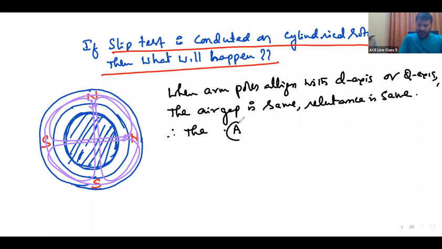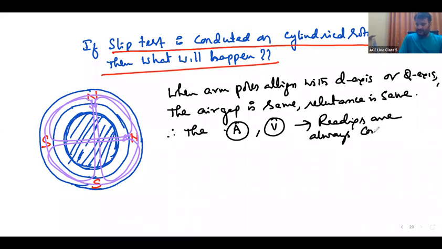Therefore, the ammeter and voltmeter readings are always constant. No variation of ammeter and voltmeter readings, because the air gap is the same.